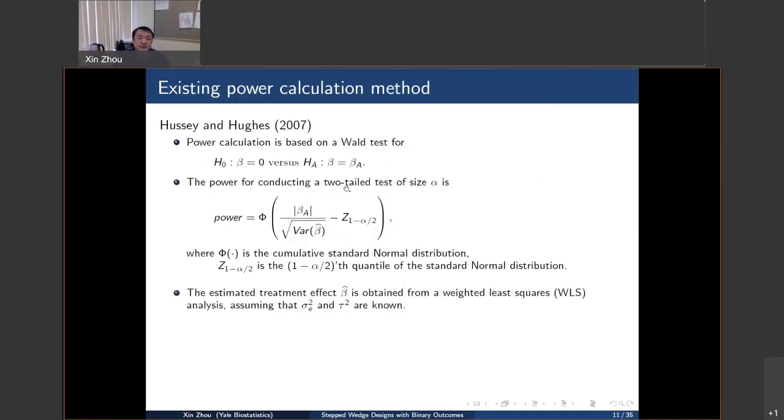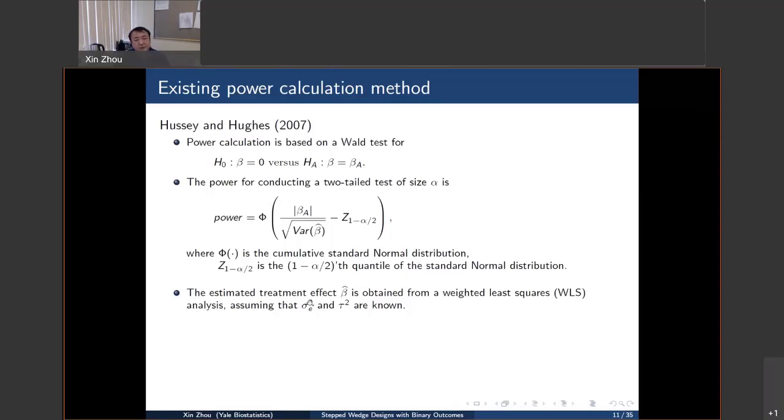The parameter of interest is beta, and we want to test if there exists a treatment effect. The power calculation is based on a Wald test for H null: beta is 0, versus H alternative: beta is beta_A. The power can be calculated by this formula. Here, phi is the CDF of a standard normal, and Z here is the quantile of the standard normal.